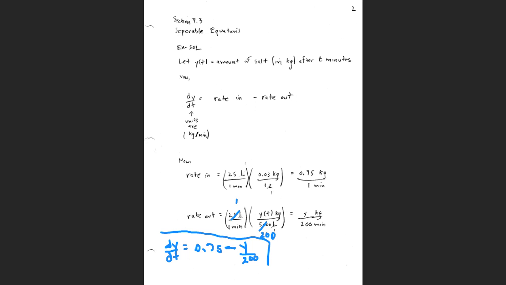Very good question. There's a briny solution, a salty solution, entering the tank, and that's going to change the salt content in the tank. Are there any other good questions before we move forward?